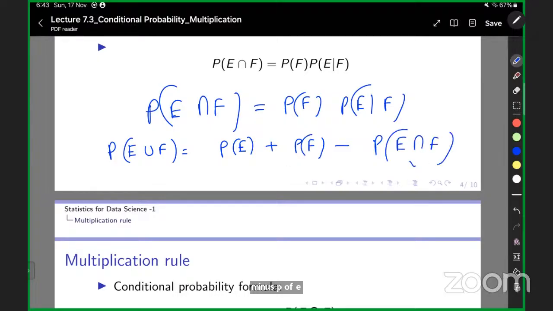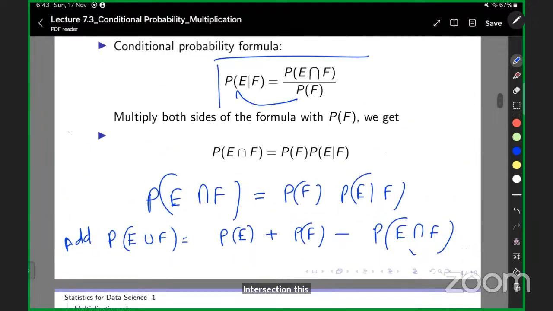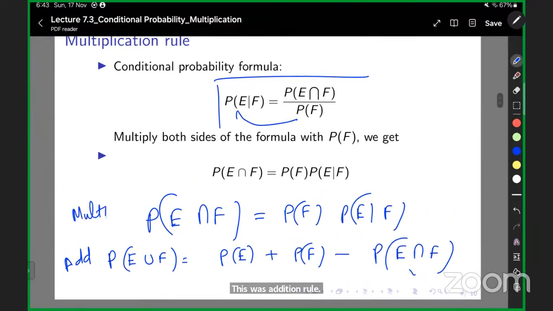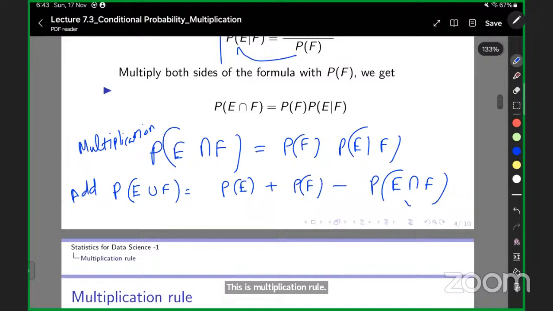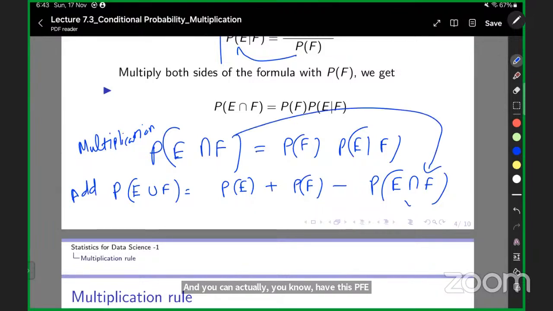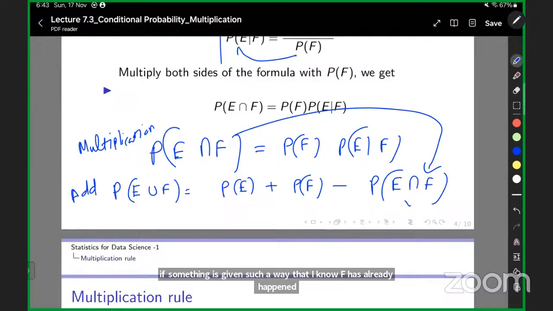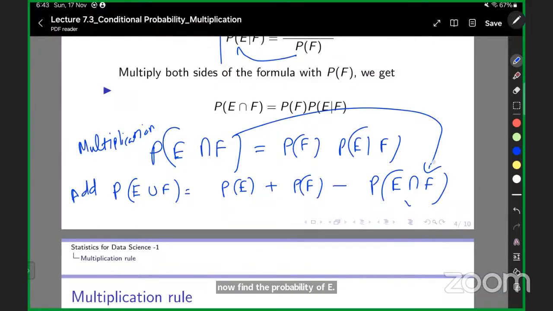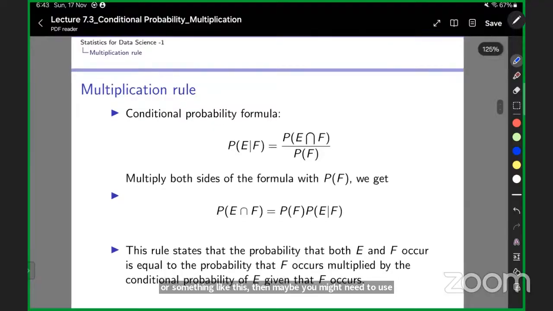This was the addition rule. This is the multiplication rule. And you can actually have this P of E intersection F here also, like this can come here, if needed. So if something is given in such a way that I know F has already happened, now find the probability of E, or something like this, then maybe you might need to use this.